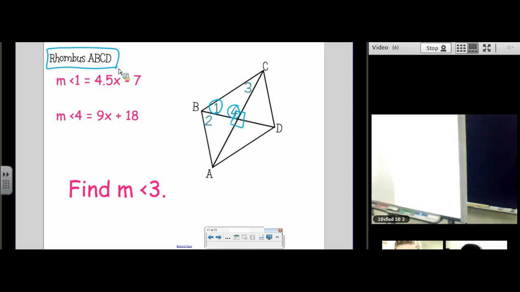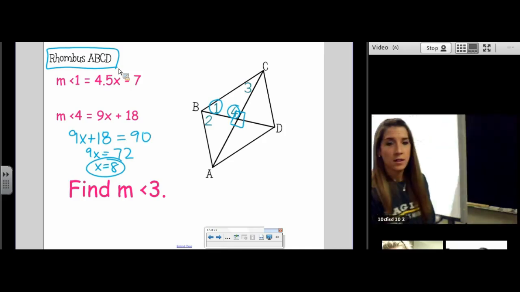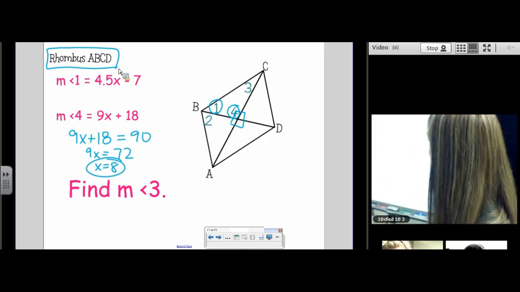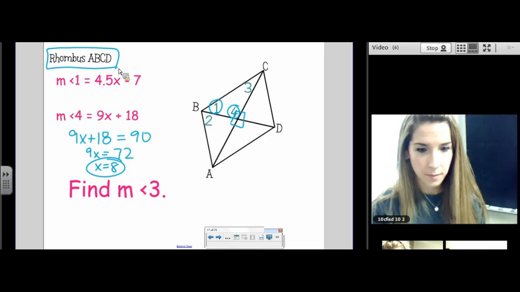So we're going to take angle 4, and we're going to set it equal to 90, because the diagonals are perpendicular. So that one was a little tricky, okay, because you had to know to set that equal to 90 because one of your properties says the diagonals are perpendicular.